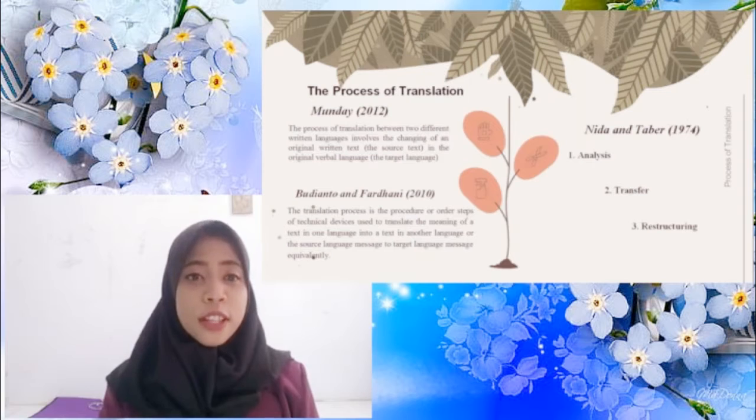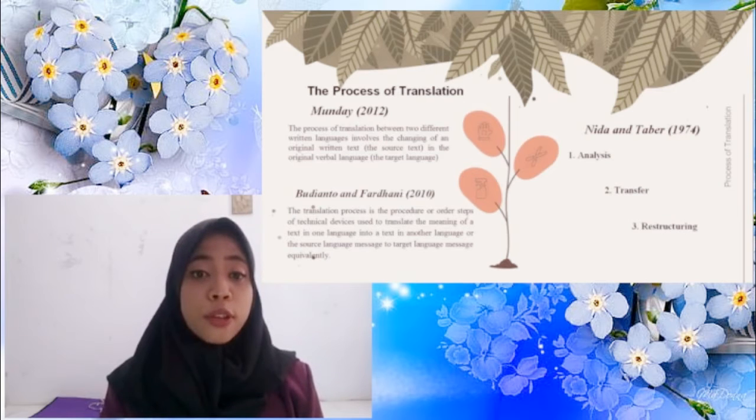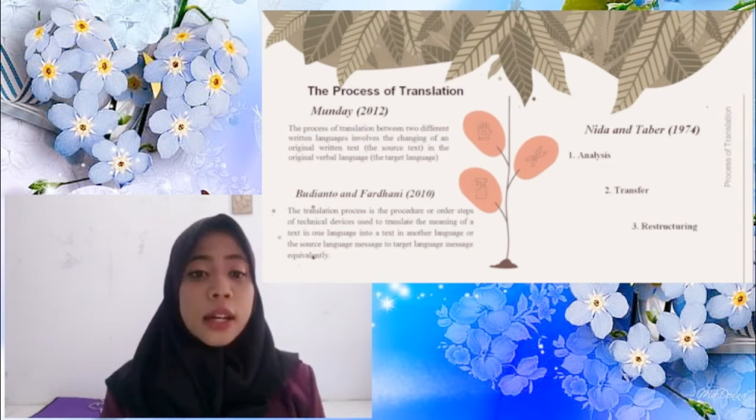The other process is from Nida and Taber 1974. The translation process has three stages: analysis, transfer, and restructuring. Number one is analysis. In this step, the translator analyzes the surface structure of the message as given in the source language, in terms of the grammatical relationships and the meaning of the words and combinations of words.